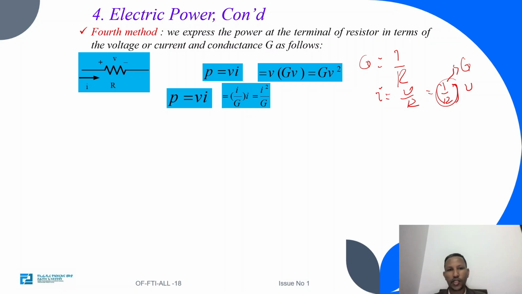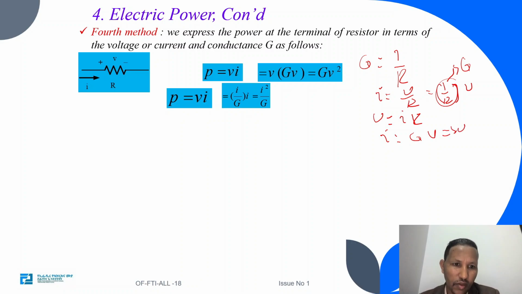Or inversely, you can express the voltage. V is equal to I times R, so from this we can have I equals conductance times voltage.